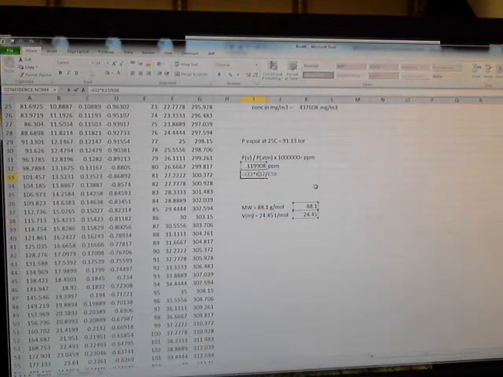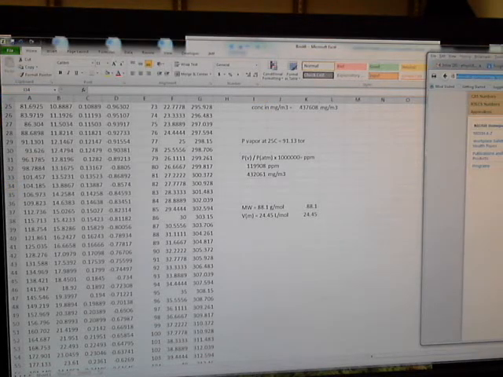It's smart. It keeps the reference even though I move things around, that's how Excel works. I'm not going to explain Excel. So that's our answer, ppm and milligrams per cubic meter. That is a lot of ppm. That is a lot of ethyl acetate in the air. Ethyl acetate has a pretty high vapor pressure.